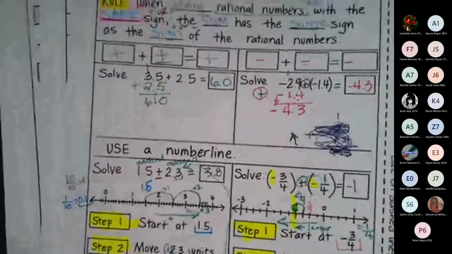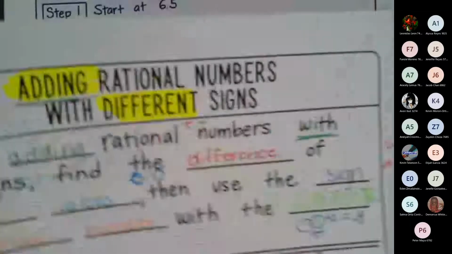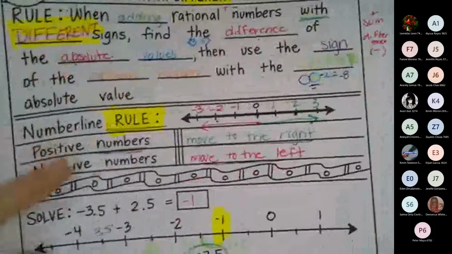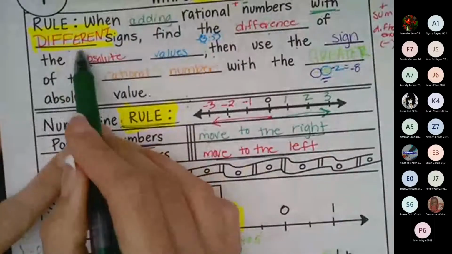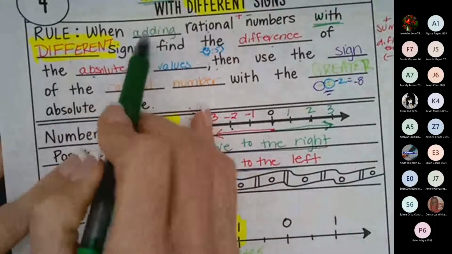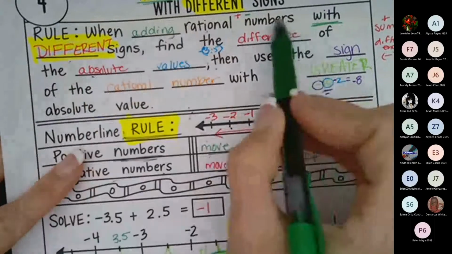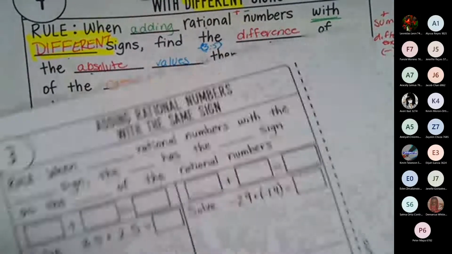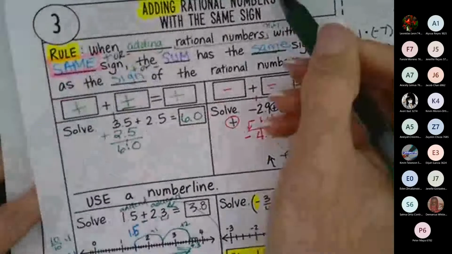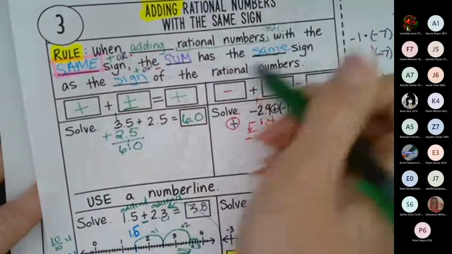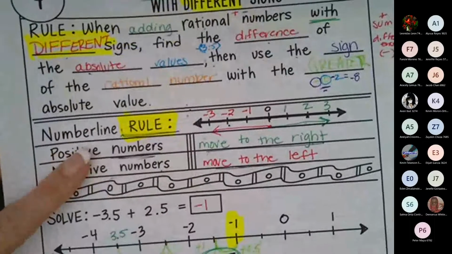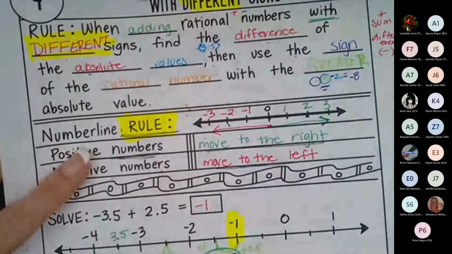Then when we had different signs, that rule is a little bit hard, right? When we added numbers with different signs, meaning we had one positive and one negative. With adding rational numbers with the same sign, we had either both negative or both positive, so it was one or the other. Right here, we're going to have one positive, one negative.